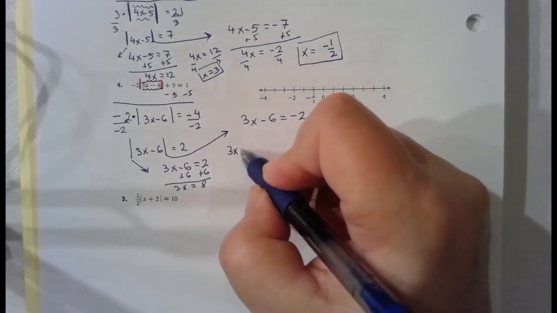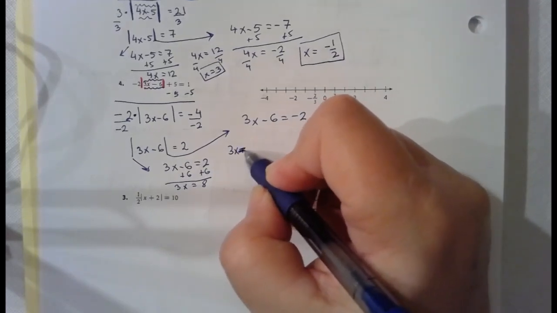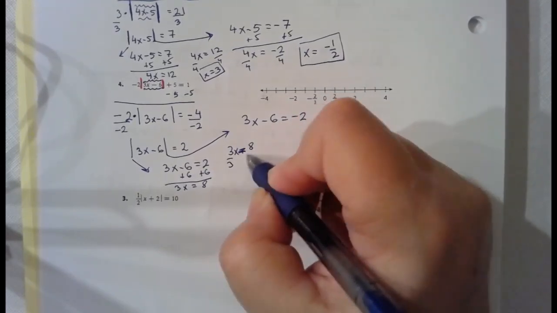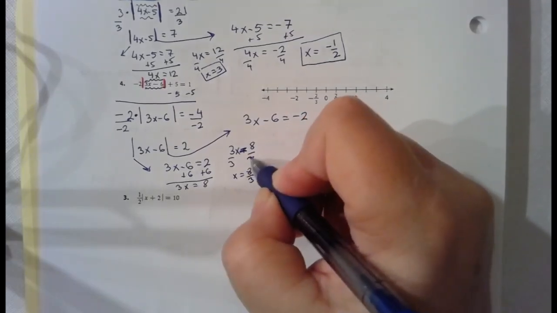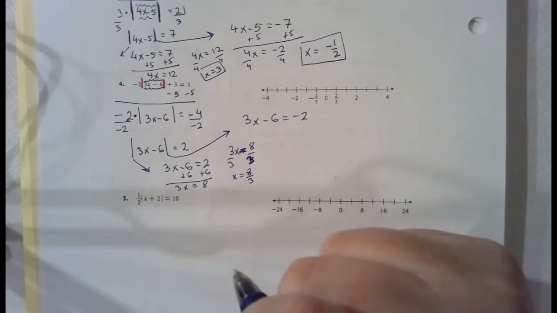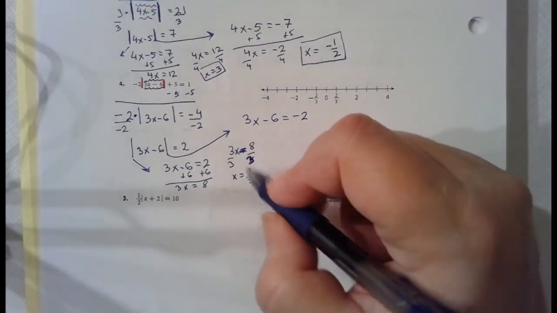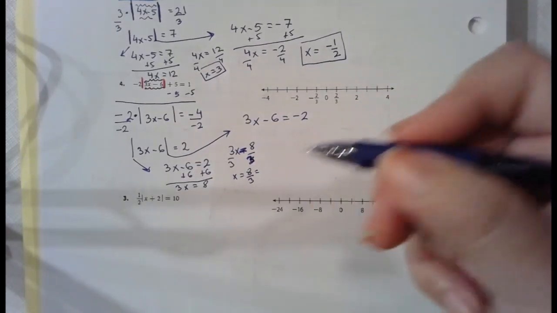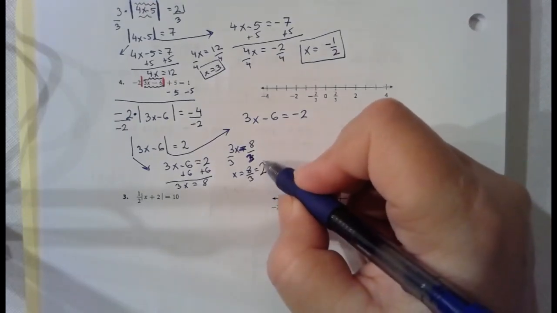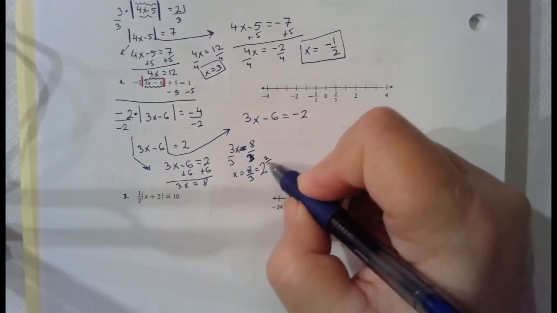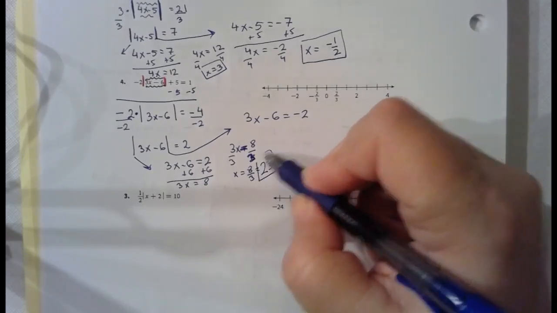And then I'm going to divide by 3, so x equals 8 over 3. So 8 divided by 3, you can change it into a decimal if it's easier for you, or you can go, that's 2 2/3. Okay, so that would be your answer.